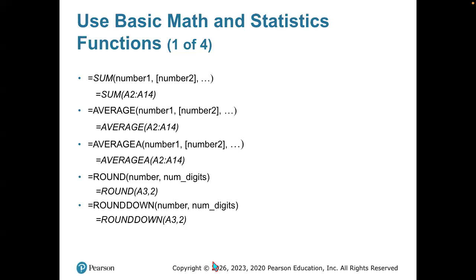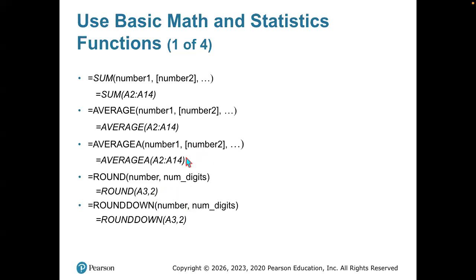Now, round we know will always go depending on what the last digit is. Whatever this num digit is, it's saying, okay, I want to round this to the second place. Look at the next digit. If it's 5 or more, up the score. 4 or less, let it rest.